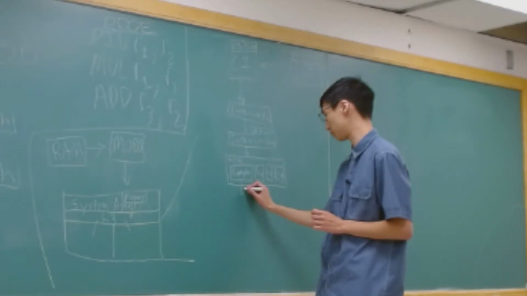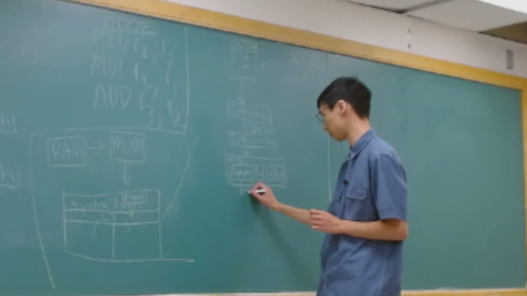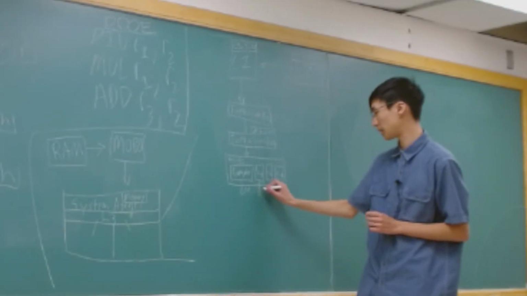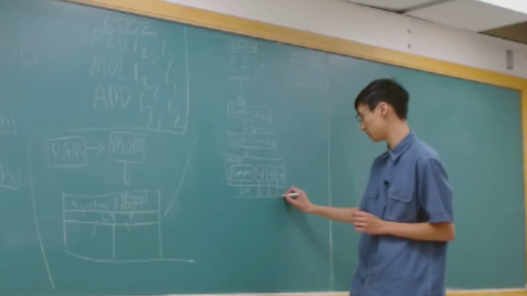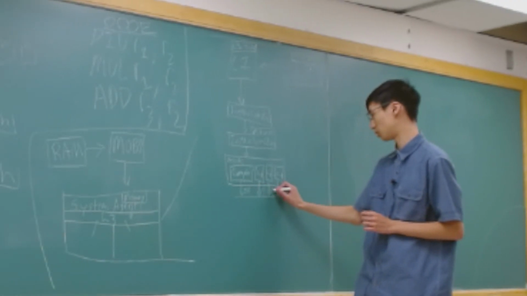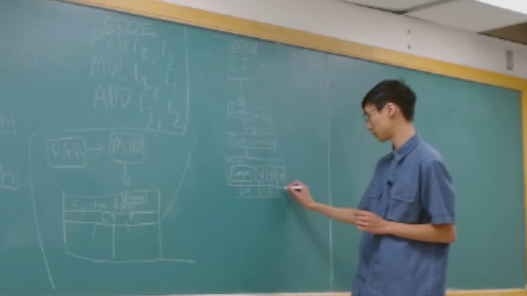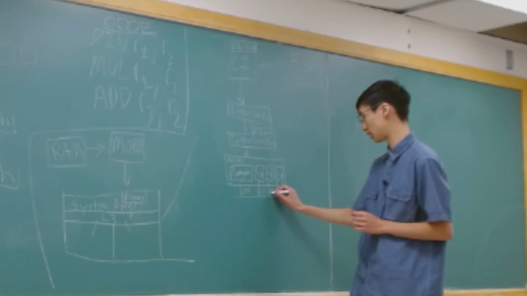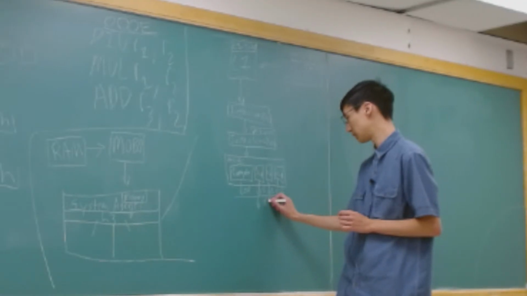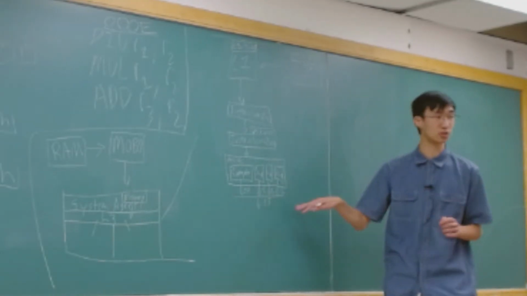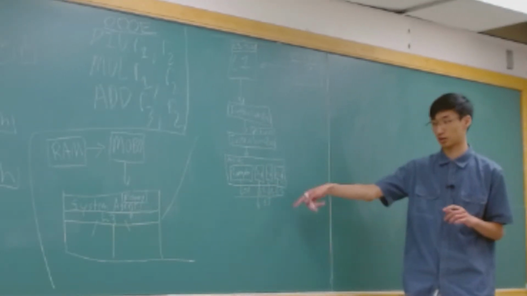You'll have up to 4 here, and then up to 5. These are the numbers of micro operations that are going to come out of these.